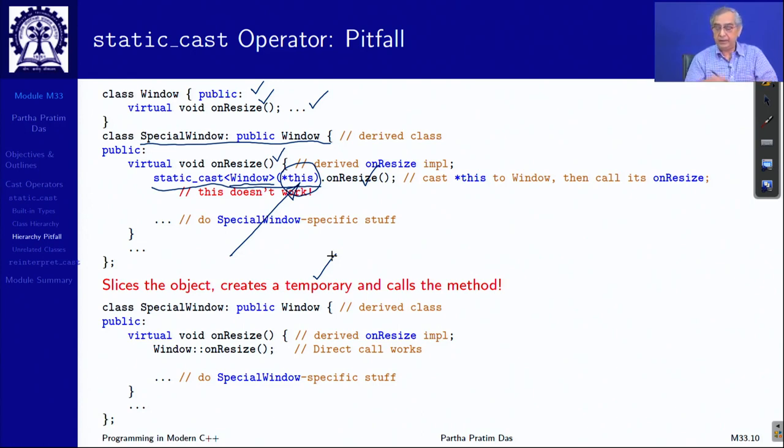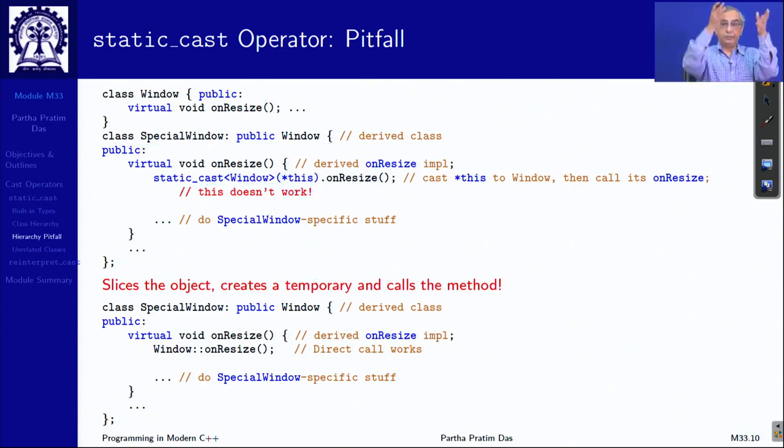It is calling it on a temporary which you have created because of this static casting, and therefore, you will see no effect. So, please remember that whenever you work on a hierarchy and you have to call the function of the base or base of base, you should never copy the derived class object as the base class object by casting.